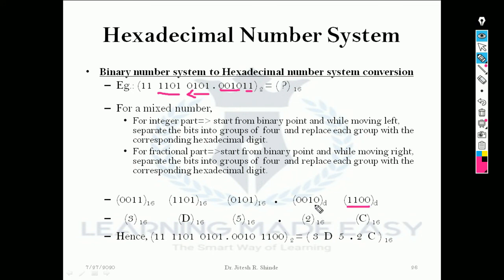So 0010, this is my binary number, its equivalent hexadecimal number is 2. 1100, if I write 8421, okay, so 8 plus 4 is 12, okay, this 12 is in decimal number system, in hexadecimal number it will correspond to C. Thus the final answer here is 3D5.2C.